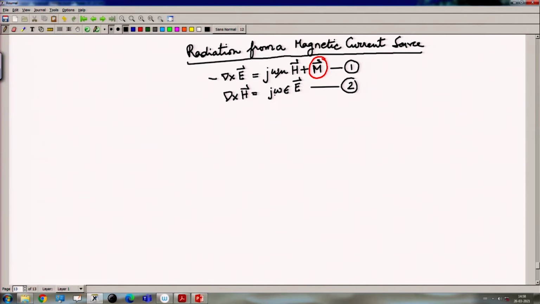Now, in a homogeneous media, the divergence of equation 2 is 0. So, the divergence of curl of any vector is 0, and therefore, the divergence of E is 0.